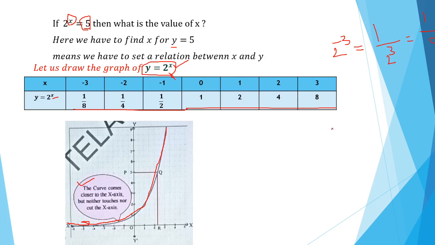Okay, we are going to the definition. Once again I am saying, in this equation x is called the logarithm of y to the base 2. Now see the definition. What is the definition of logarithm?